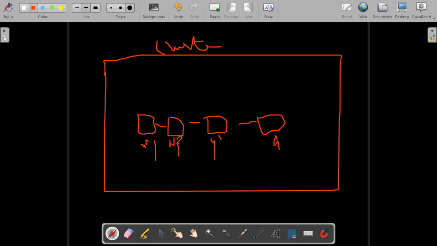Let me quickly tell you what happens when a task is given to the cluster. The task is divided across these four workers, or four people, or four machines, and these machines or workers will execute the task parallelly.